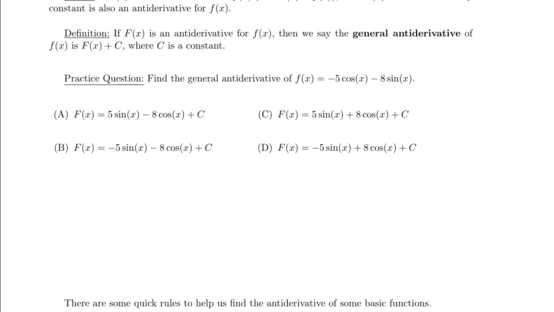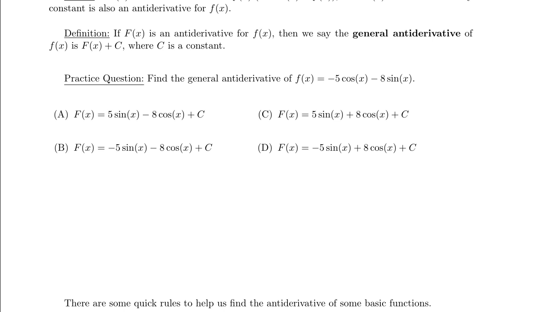If capital F of x is an antiderivative for little f of x, then we say the general antiderivative of little f of x is capital F plus c, where c is a constant. So if we're asking for a general antiderivative, we want you to add that extra constant to the end, because we know by adding a constant, we're not changing the fact that it's an antiderivative.